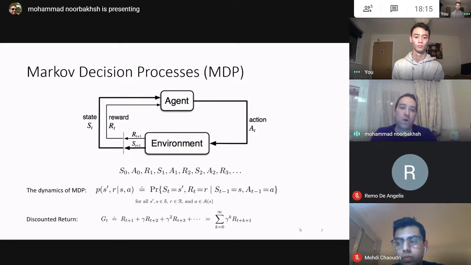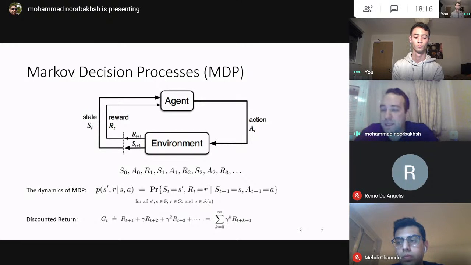So Markov decision process is one, I don't know if it's correct to say this, one class of reinforcement learning problems, but again, it has the same components of reinforcement learning, which are agent, environment, and action. But the additional thing in the Markov decision process is states.